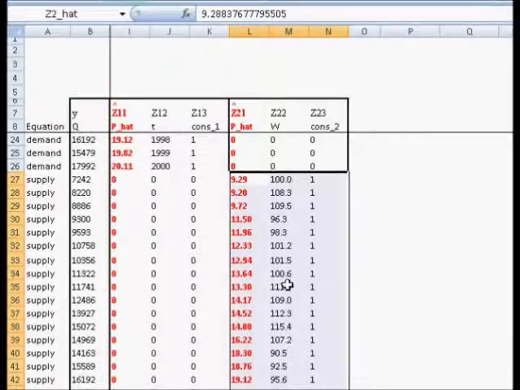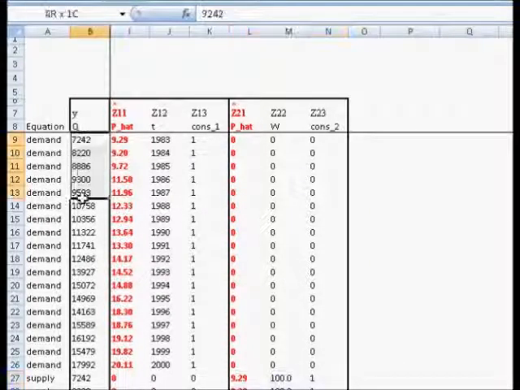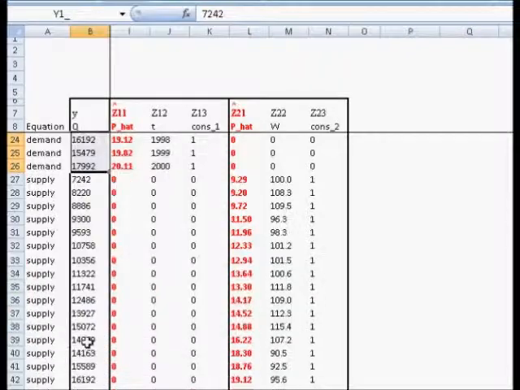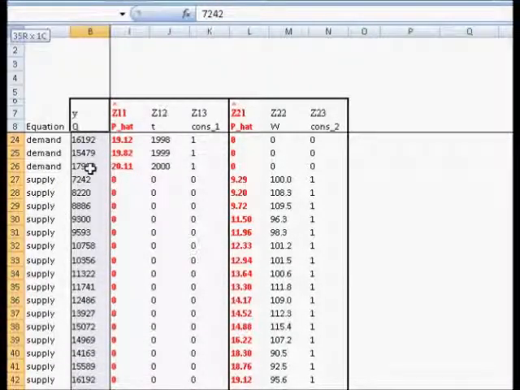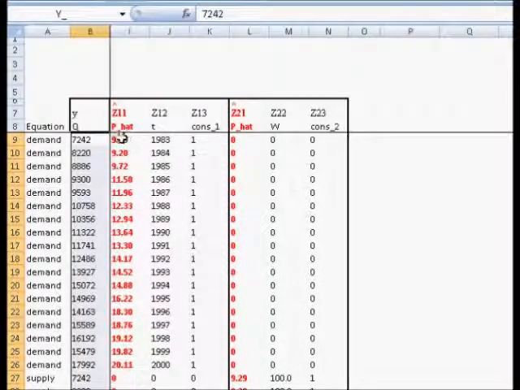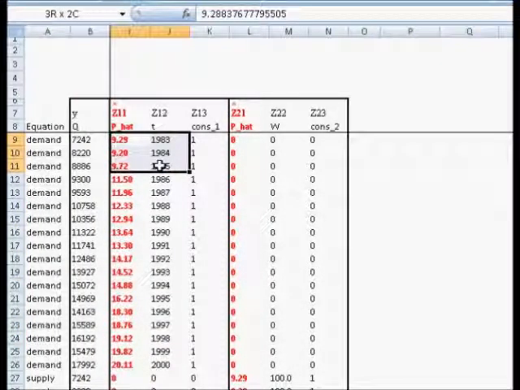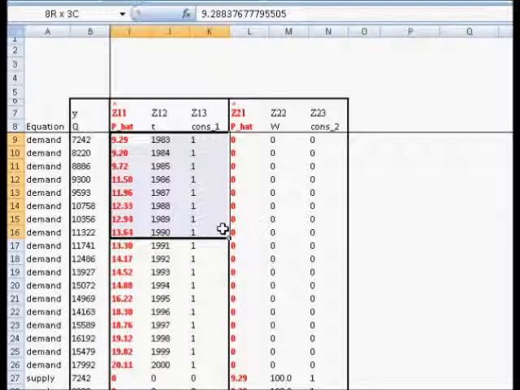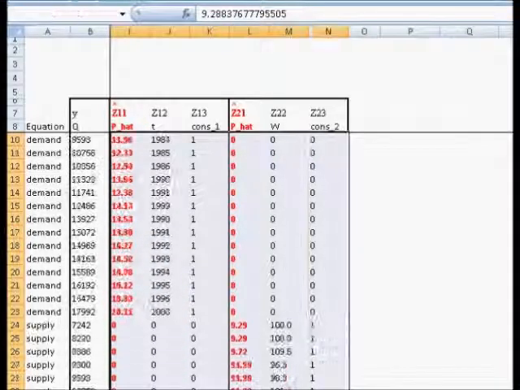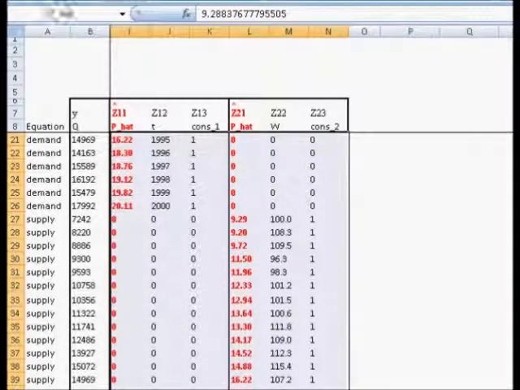With three-stage least squares, we regress the stacked quantities onto the blocked Z hat matrix. And the result gives us the three-stage least squares estimates.